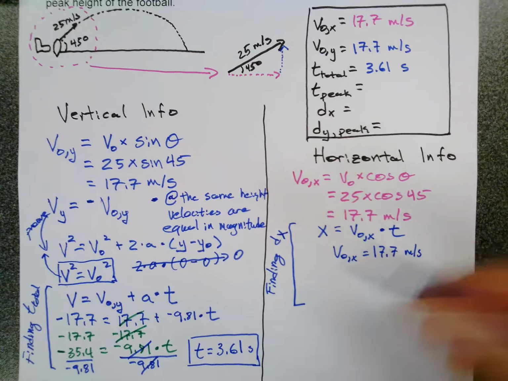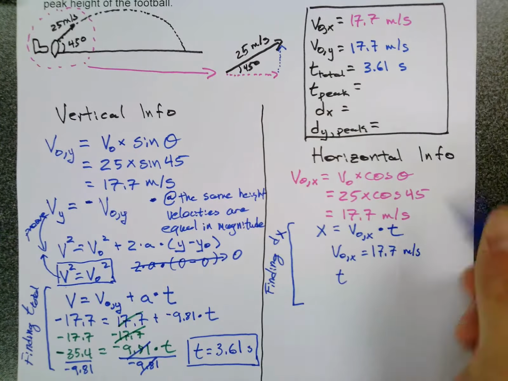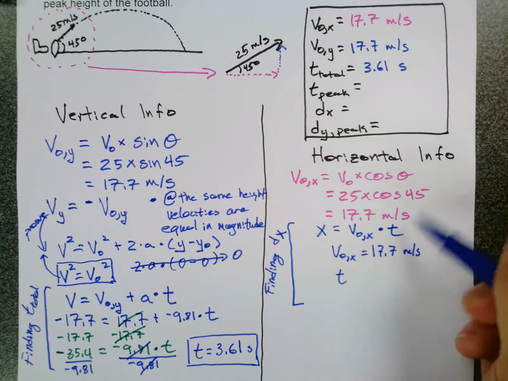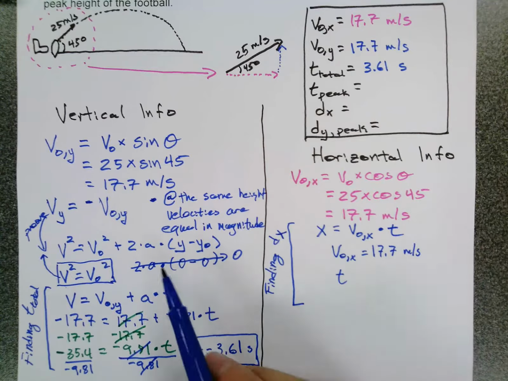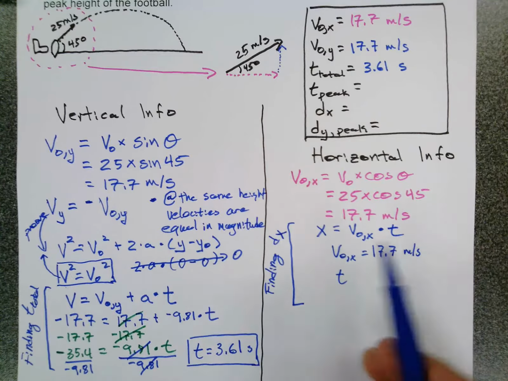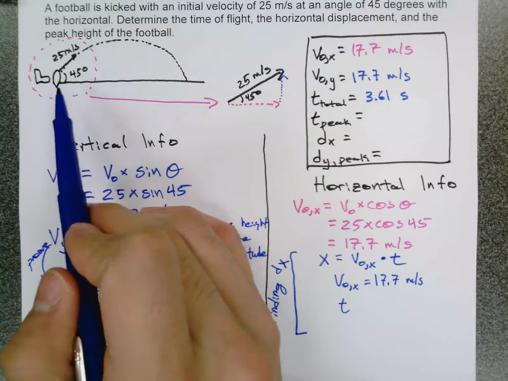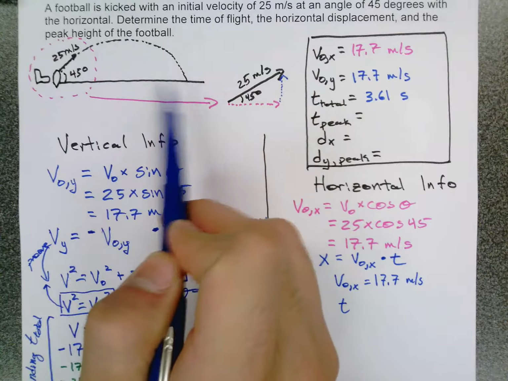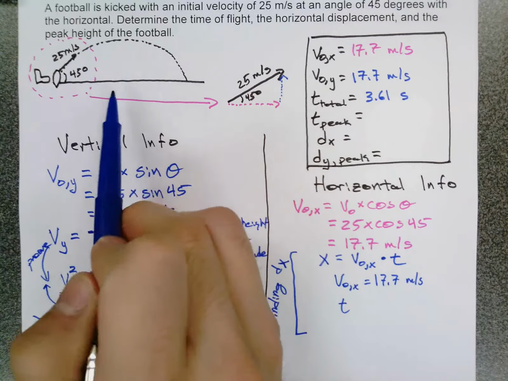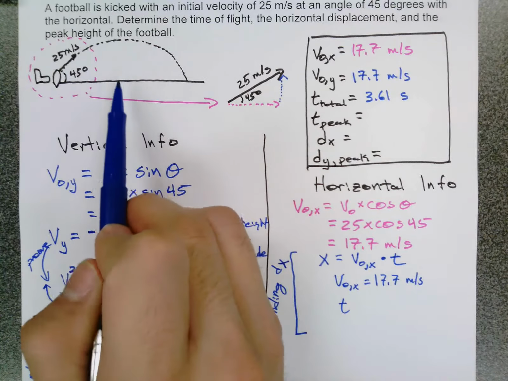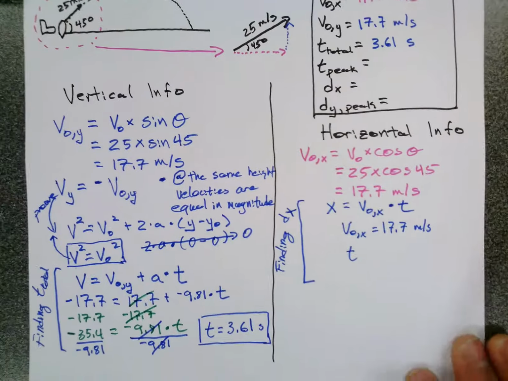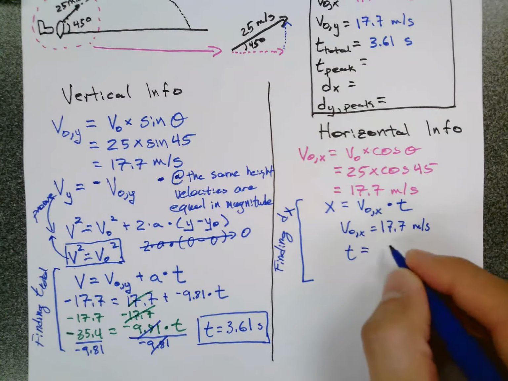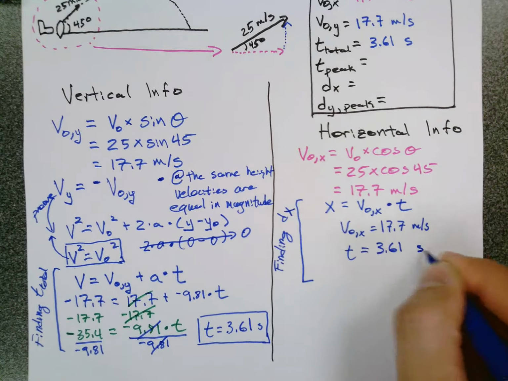And then another thing we know is that this time is the total time it's in the air. The time for a football to go in the air and come back to where it started is the same time going horizontally as it is going vertically and then back down. So our time here is still going to be 3.61 seconds.